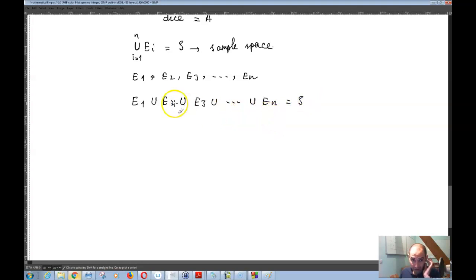And if that's the case, that means that those events do contain all the possible outcomes of the experiment. Otherwise, the union of them would not be equal to S, or to your sample space. So that's basically that.